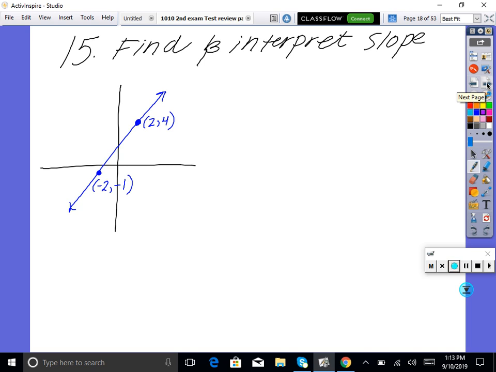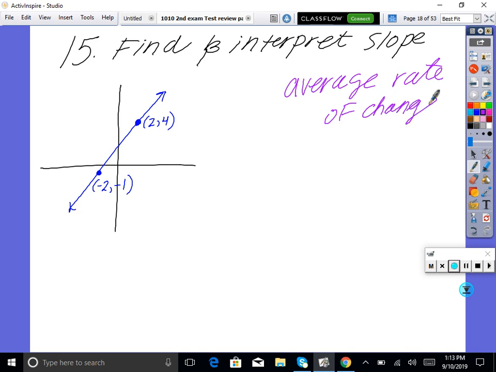So it says find and interpret the slope. Remember, slope is the average rate of change. For this one, if you can, just do rise over run, or you could do your little formula.